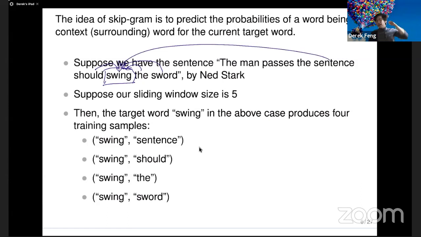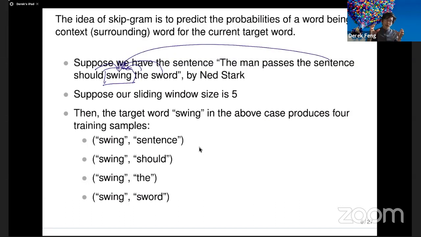So it's not an n-gram model, but it's not a vanilla bigram model now, because you've allowed the data to be augmented in such a way that I don't care so much that the word should has to be followed by swing. What I care about more is the context around a particular word. It's a little bit like a mini bag of words model.